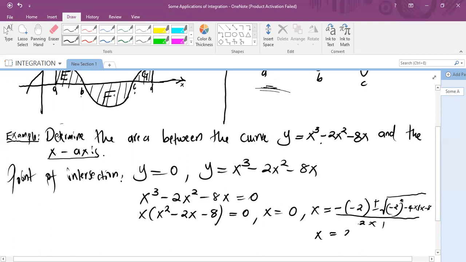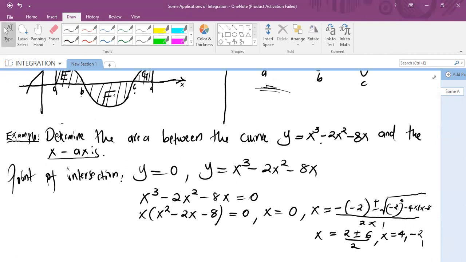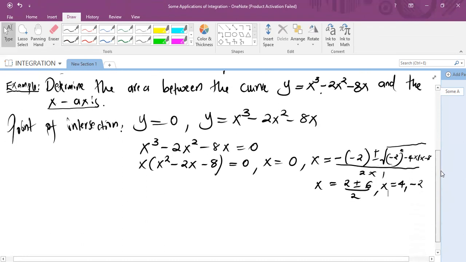So x will be equal to 2 plus or minus 6 over 2, and that gives the values of x as 2 plus 6, that is 8, over 2 which is 4, and the other value 2 minus 6, that is minus 4, divided by 2, which is minus 2. So those are our points of intersection.